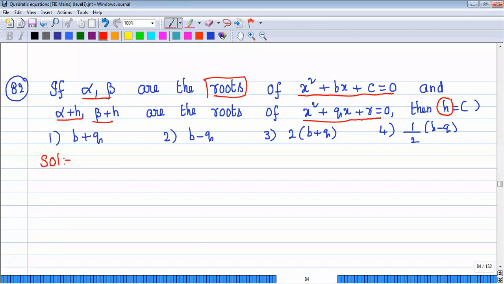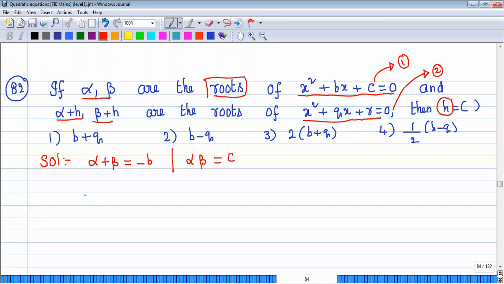As we know the roots of x square plus bx plus c equals 0, we can find alpha plus beta and alpha beta. Say this is the first equation and this is the second equation. From the first equation, alpha plus beta is minus the coefficient of x, that is minus b, whereas alpha beta equals c.